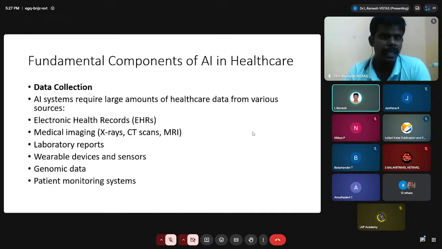Number two, medical imaging, for example X-ray, CT scan, and MRI scan. Third, laboratory reports. Fourth, wearable devices and sensors. And genomic data, and fifth, patient monitoring systems. So these are all data sources.